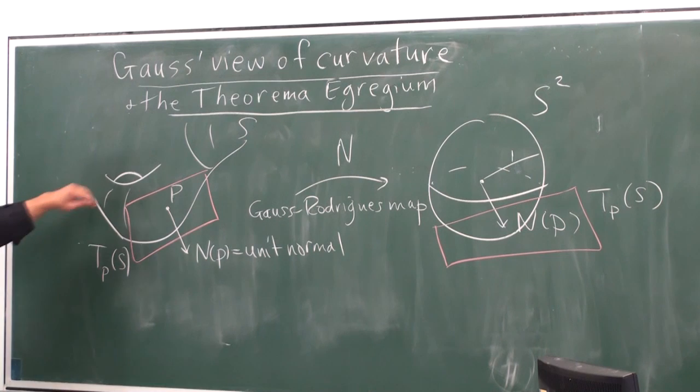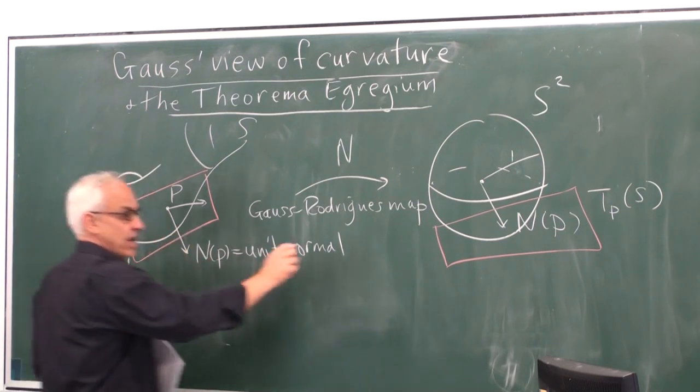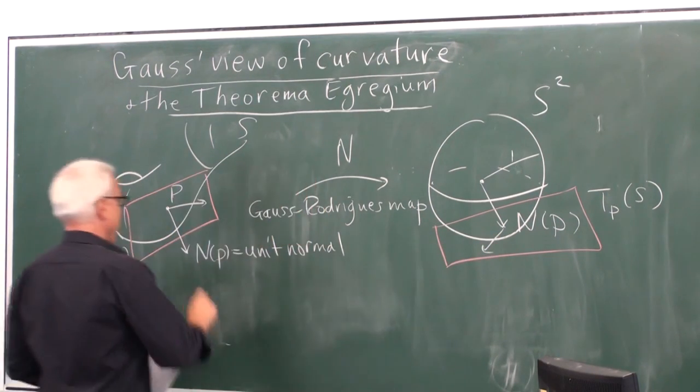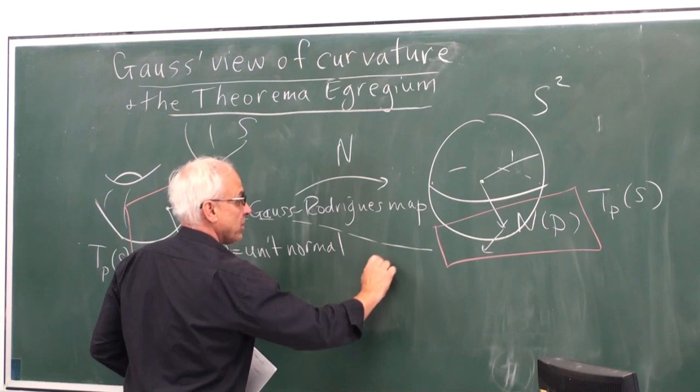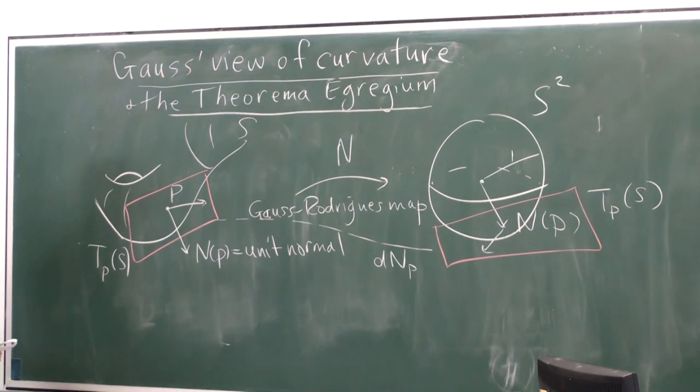We're particularly interested in the derivative of this map, which takes tangent vectors here to tangent vectors here. So the derivative, denoted by dn of p, will be a linear map.